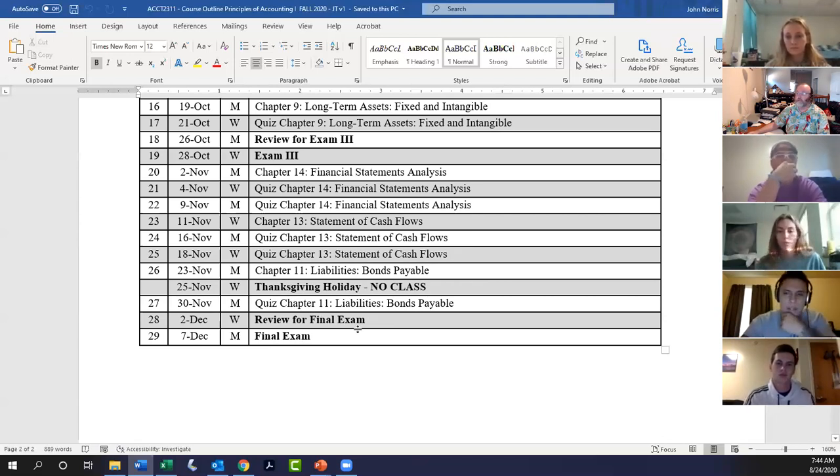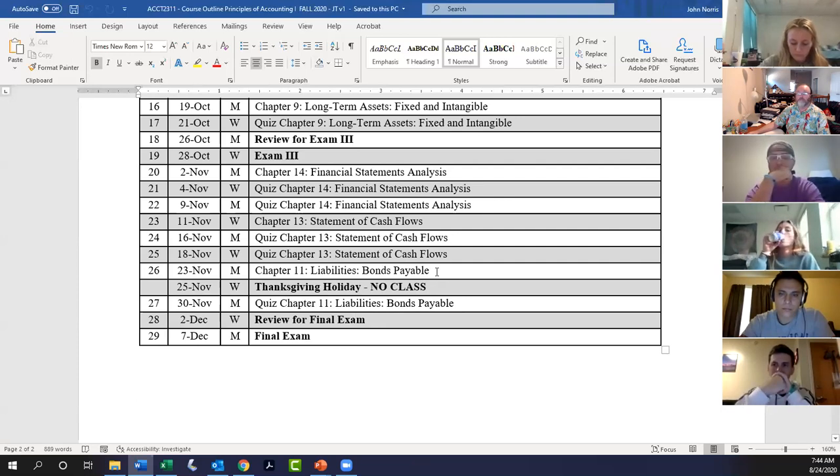You did say we do not need the book, correct? You do need the book. You don't need the access code. So if you can find the book used, you do need the book, because you do need to be able to go in and look at problems in the back of the chapters. And then in a couple of chapters, most especially bonds payable, your book is going to have present value tables in the back in Appendix A that you need to have access to.